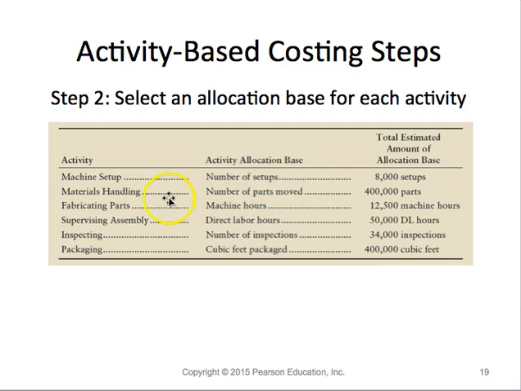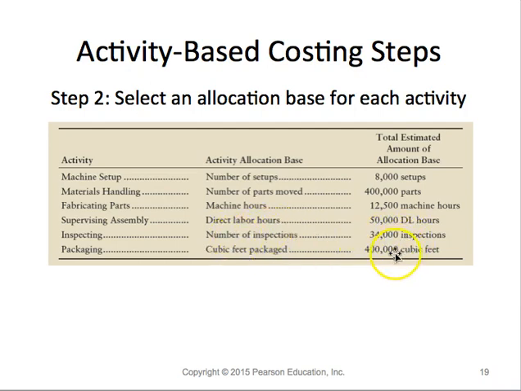And material handling, this is how many parts have been moved, and these are the numbers. And then it's how many machine hours you have to use on the machine, and direct labor for the supervising assembly, and how many inspections have been done.